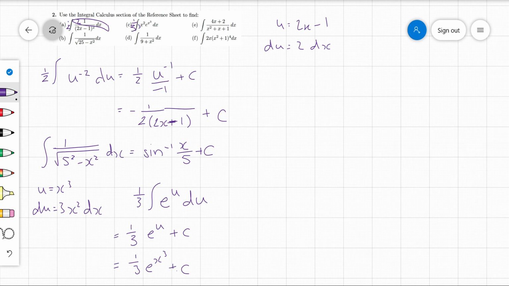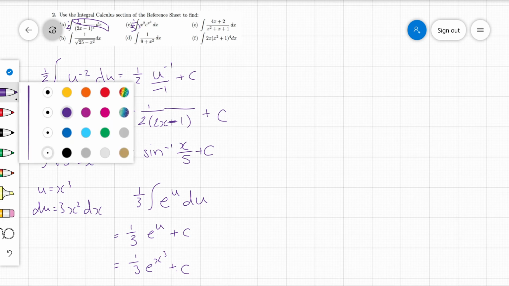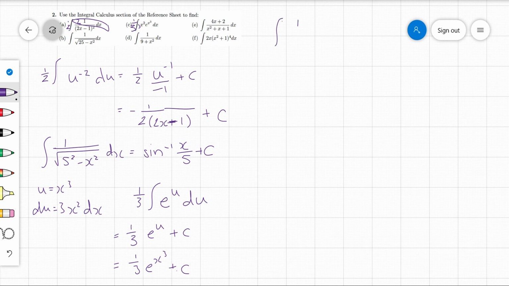All right, let's look at D. D as well, you can recognize it straight from the reference booklet. We've got a 3 squared plus an x squared on the bottom, dx there.